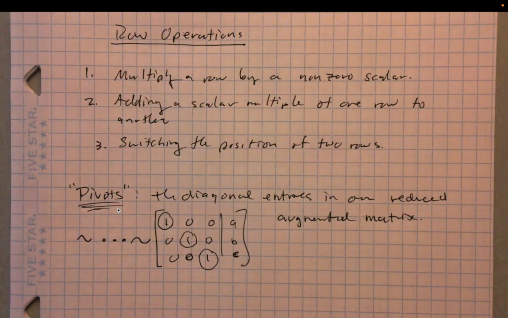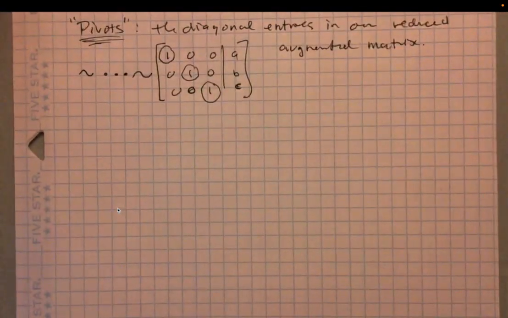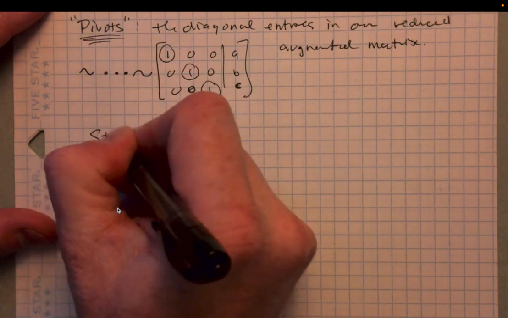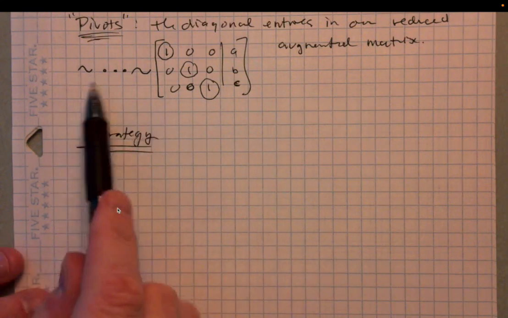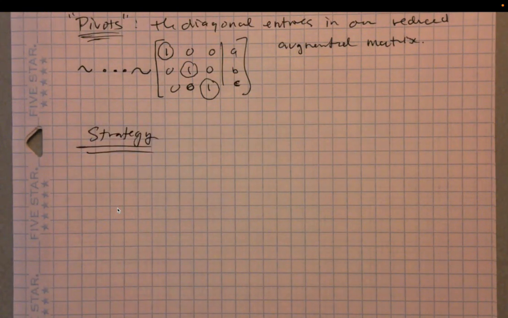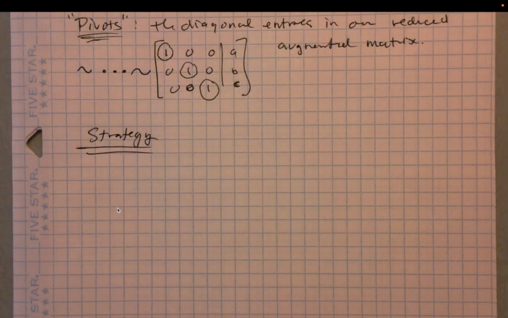So let's discuss our strategy overall here. How do we go about applying those row operations to that initial matrix and step by step converting it into this reduced matrix? It's pretty straightforward. It takes a second to learn it, and then a few examples to get the hang of it.